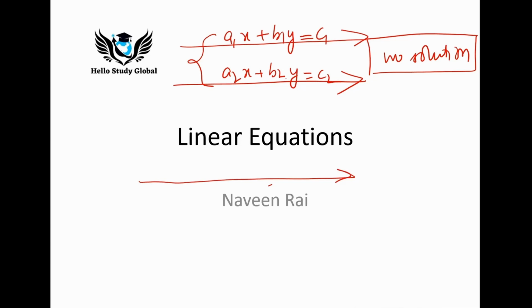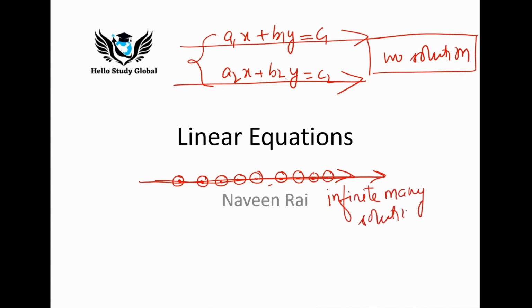And that would be when there are two overlapping lines. Then every point on the first line would be a point on the second line. So they would have infinite points of intersection. We say that in that case, infinitely many solutions exist.